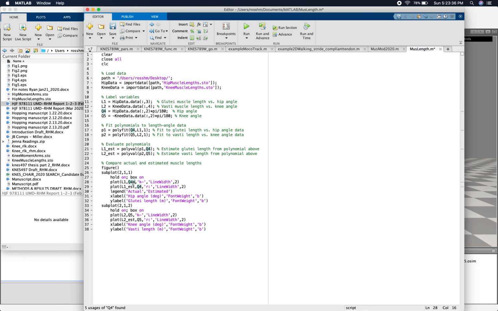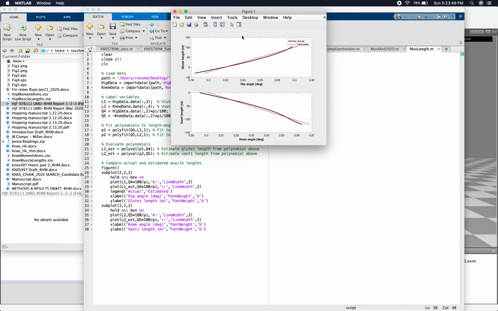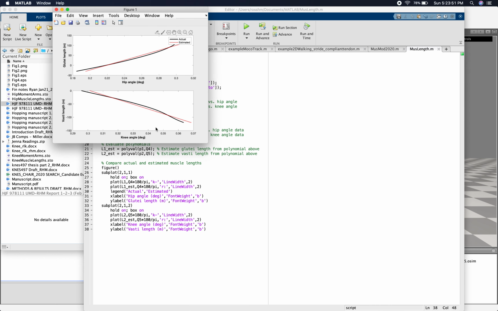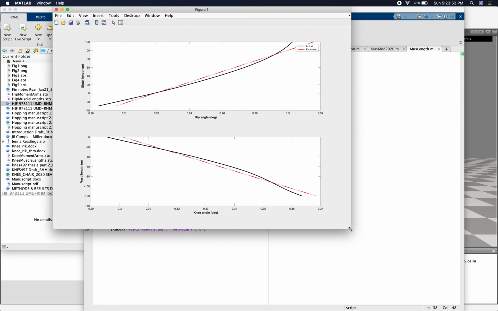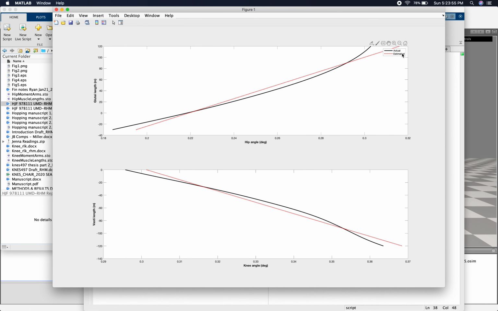And these are in radians, and we're usually more familiar with visualizing them in degrees, so let's convert to degrees here. Okay, and let's see what our polynomial fit looks like here. Okay, so remember here, the black data are the actual, I think I did this backwards.